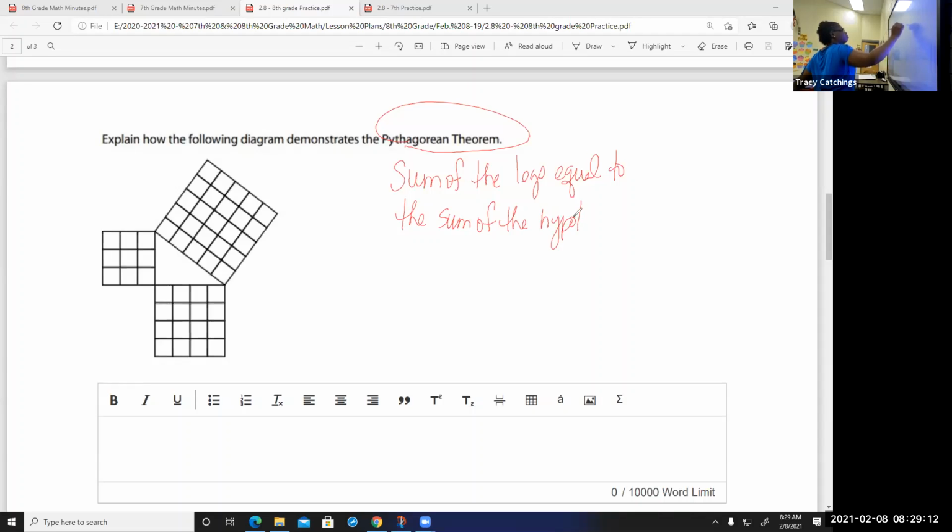Does this diagram show us this? What do you notice in the diagram? What are our side lengths? What would that mean? Square.